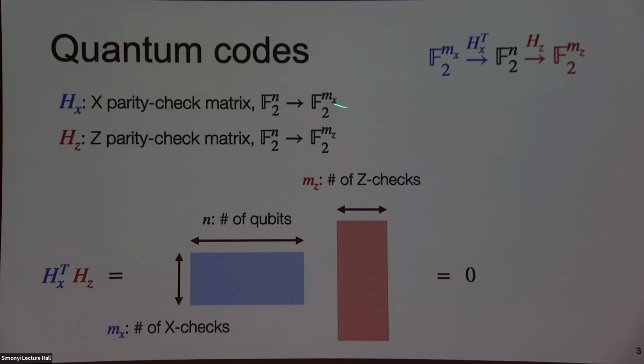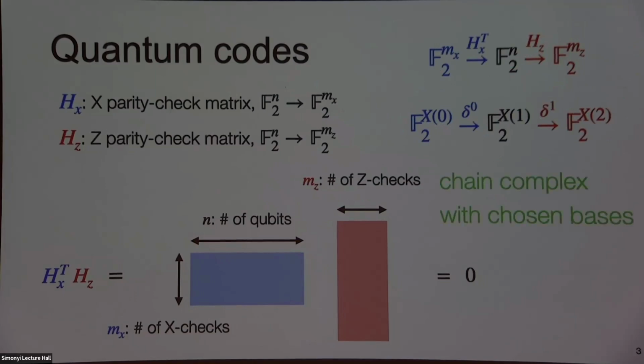We can rewrite it into this form. Here you have three vector spaces and two linear maps, and they compose together. For some of you, this might look familiar. This is exactly a chain complex, so delta and delta compose into 0. What I'm saying is that it's actually possible to study quantum codes without knowing anything about quantum mechanics.